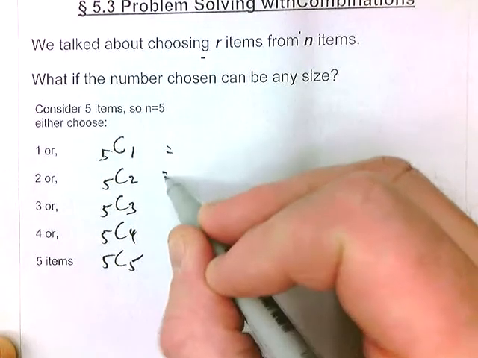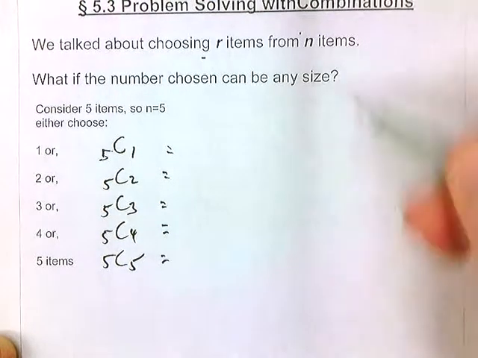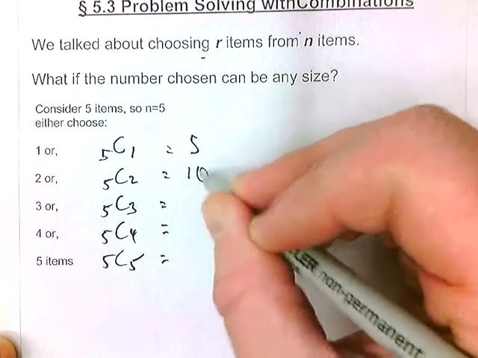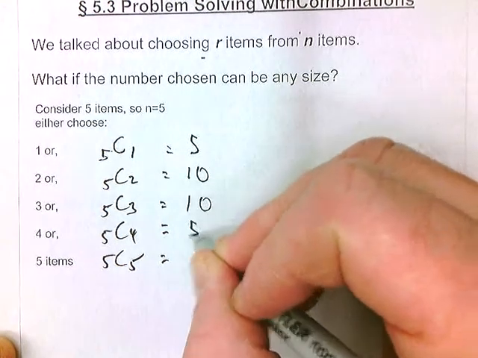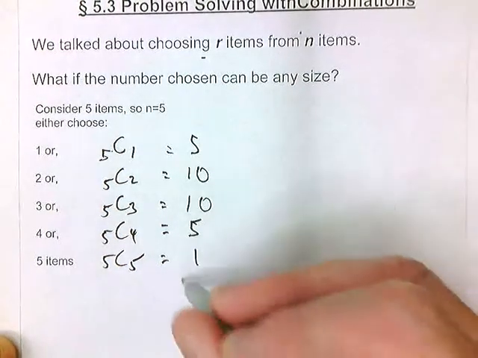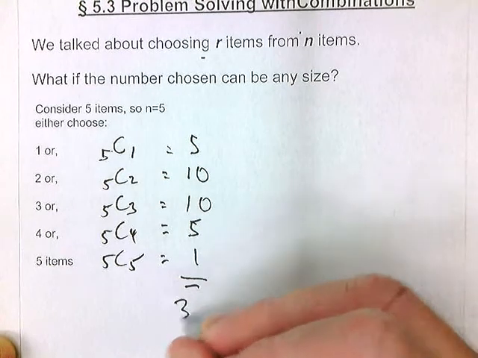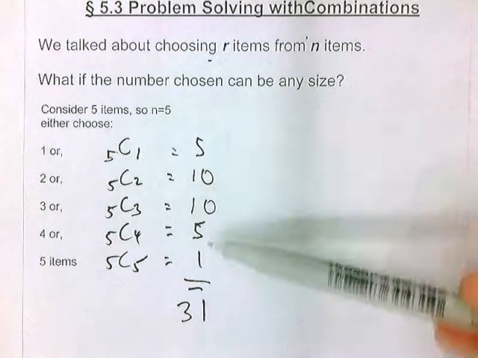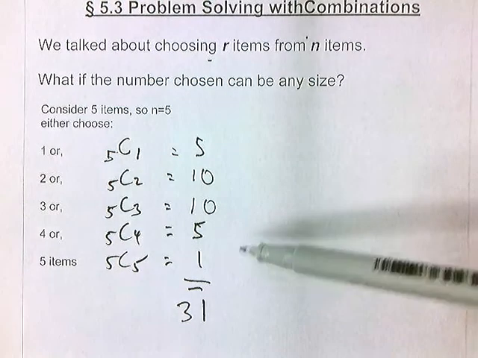And of course, the totals are 5, 10, 10, 5, and 1, which is equal to 31. Now, that seems like a lot of work. There must be a better way of doing this.